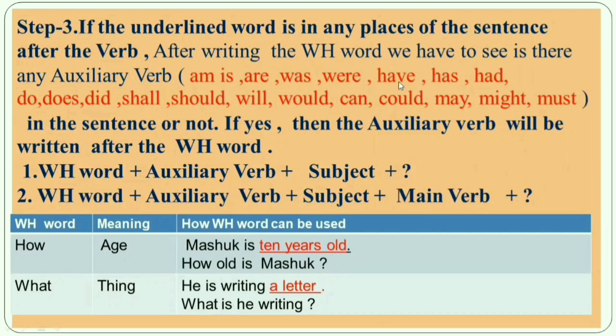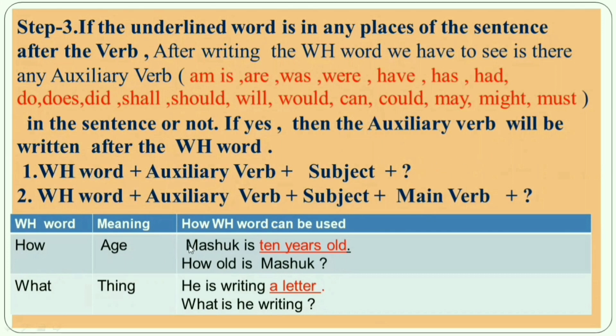You have to see if there is any auxiliary verb in the sentence or not. If yes, then the auxiliary verb will be written after the WH word. Then the subject, then a question mark. So here you can see the structure. Structure 1: at first you will write the WH word, then auxiliary verb, then subject, then question mark.